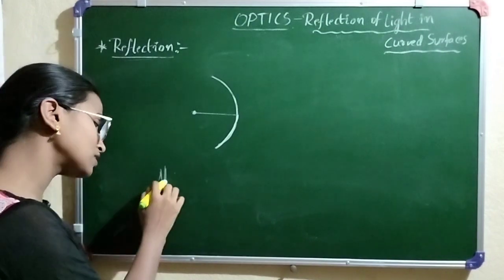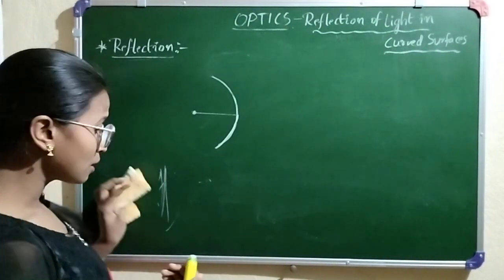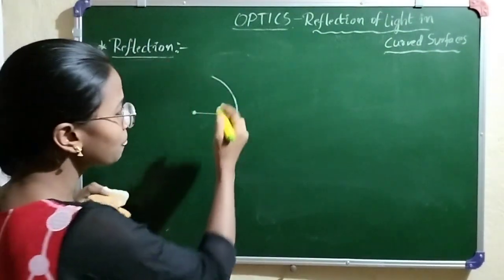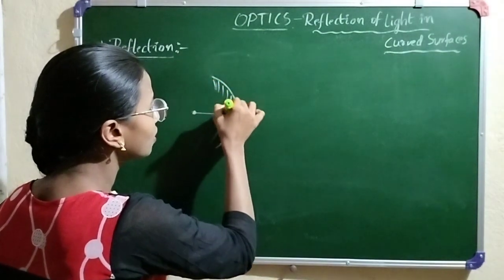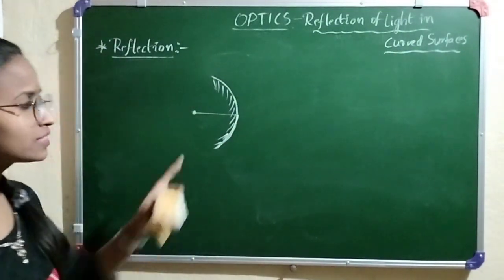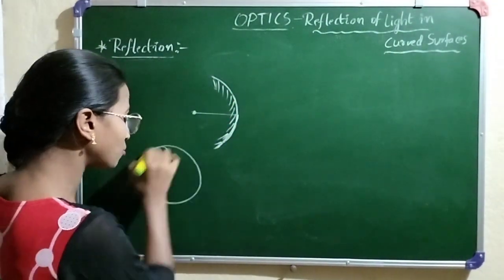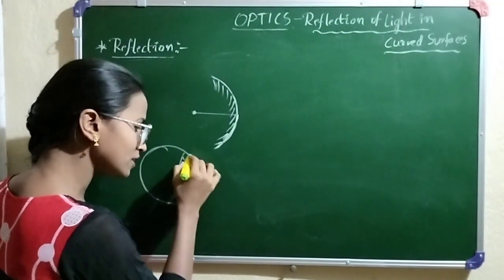If you coat the other side and keep an object, it will also form the same image. But in the case of curved surfaces, this is a curved one. If you coat the back side, this bulged side, or this hollow side. If you cut a ball also, it will form this type of thing, right? This is the hollow, this is the bulge.